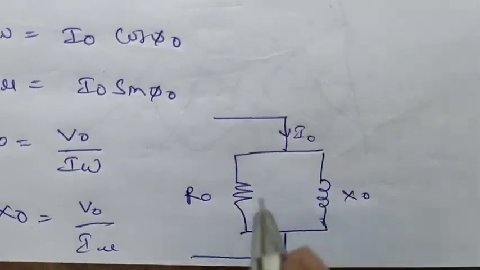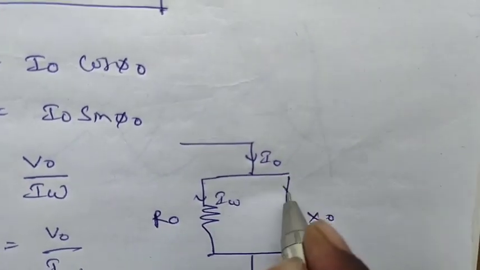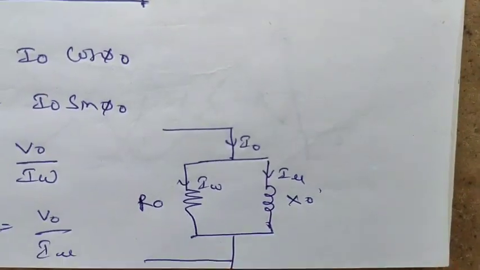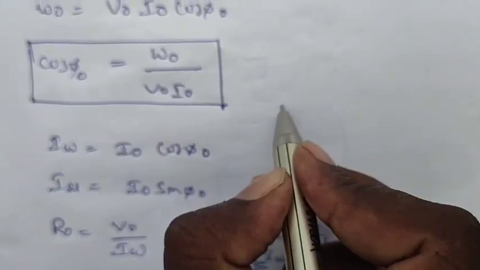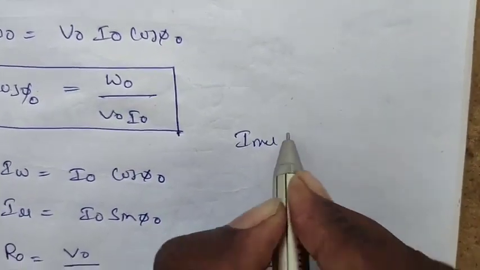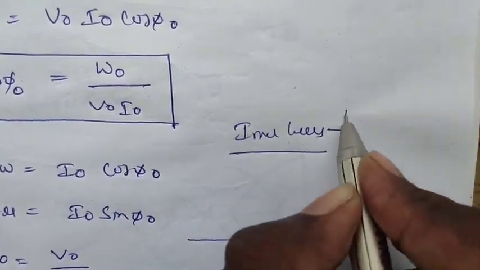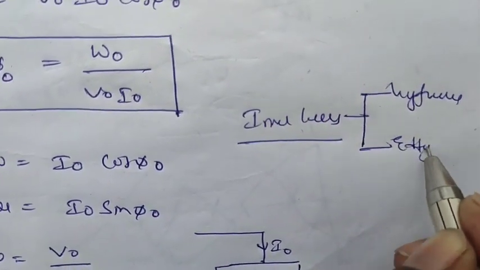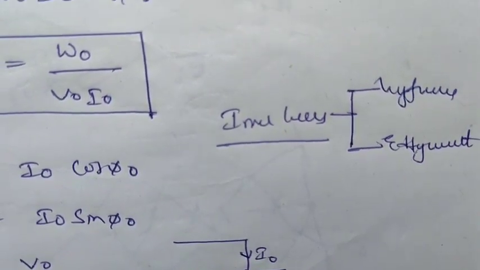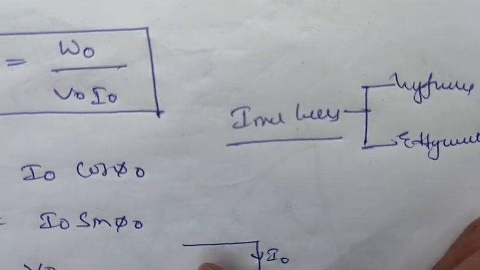This is the no load current I0, this one is Iw, this one is Im. From this test we can calculate the iron loss. Iron loss is hysteresis and eddy current loss.